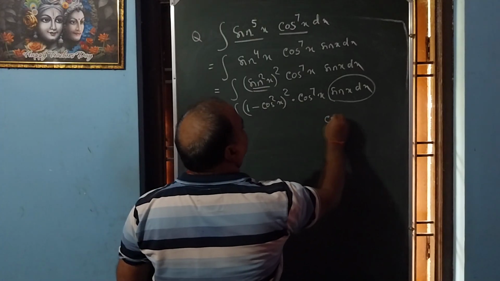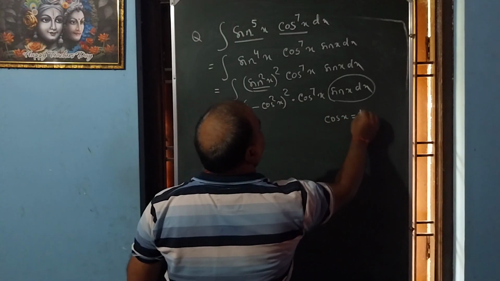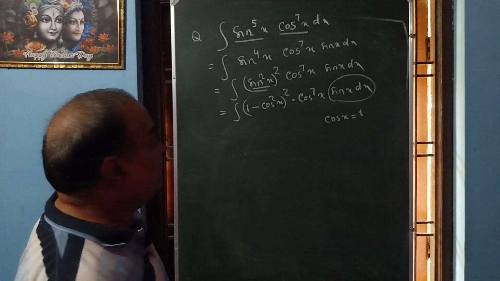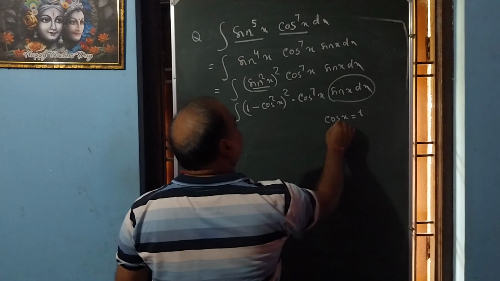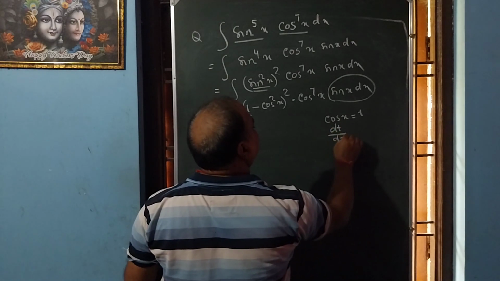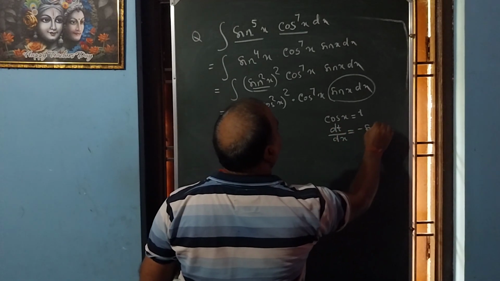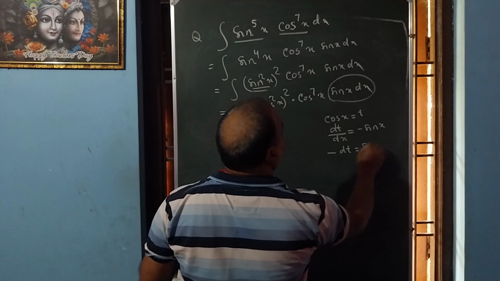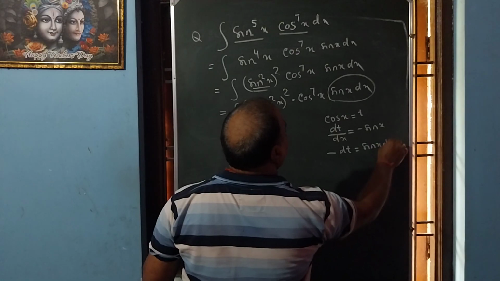So we differentiate on both sides with respect to x. So dt by dx is equal to minus sin x. So minus dt is equal to sin x dx.